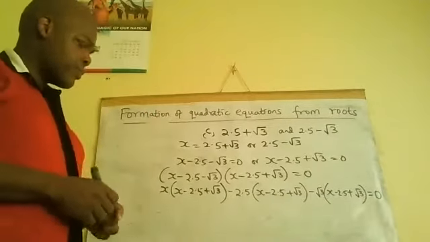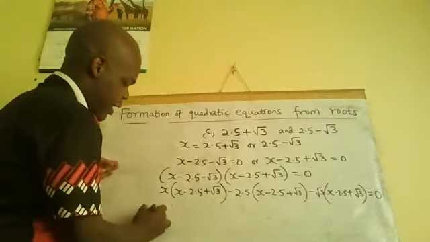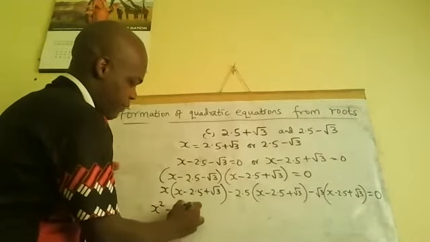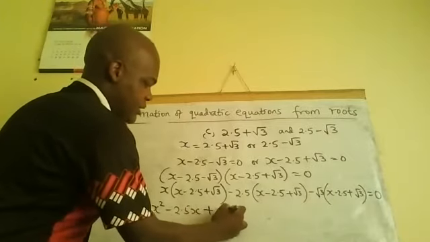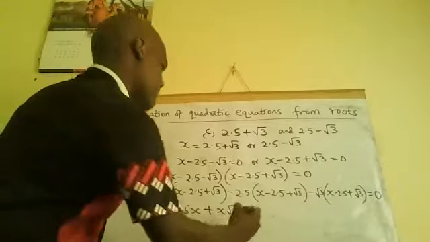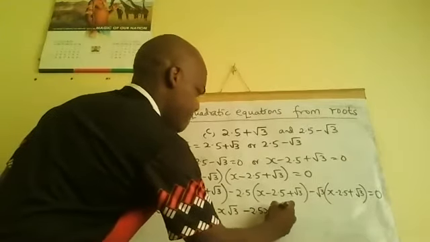So here you open the bracket. I have x squared minus 2.5x plus x square root of 3 minus 2.5x plus.